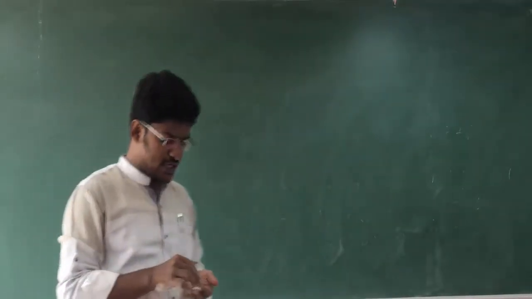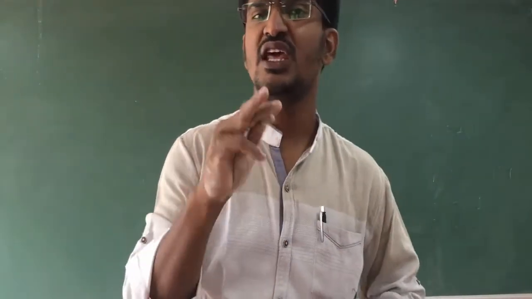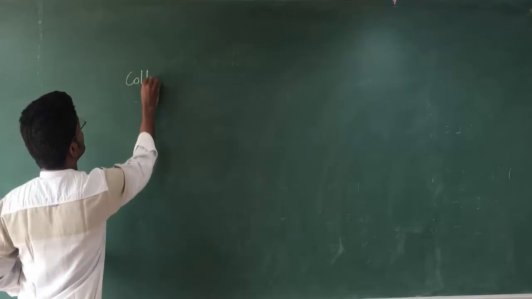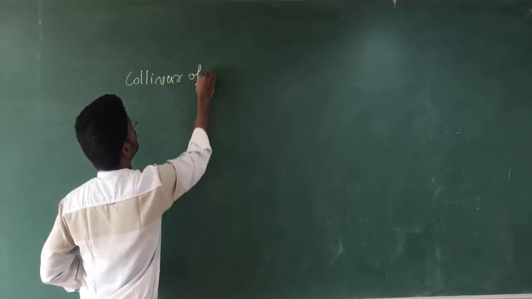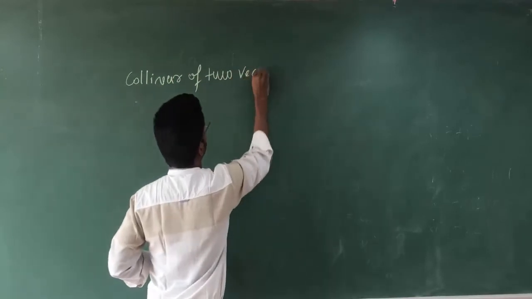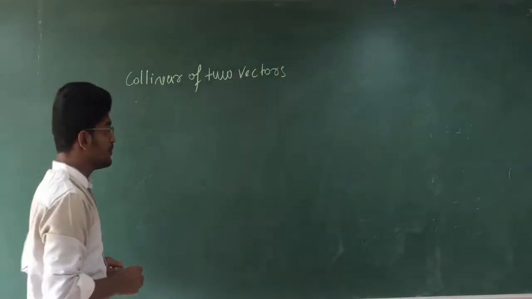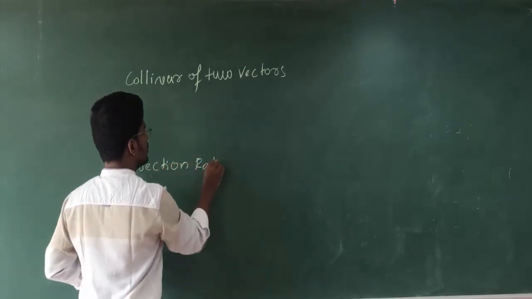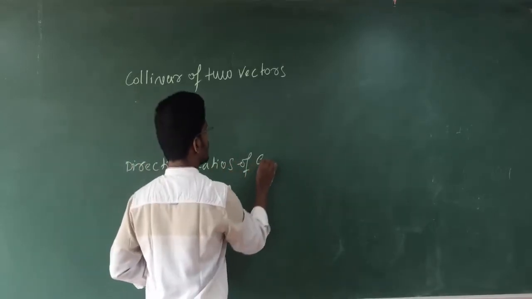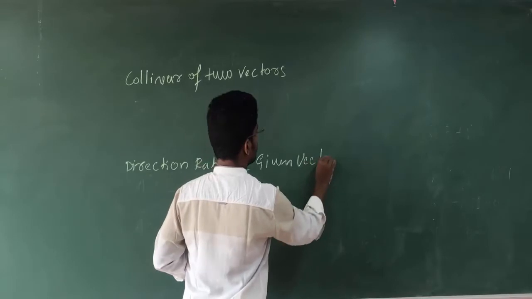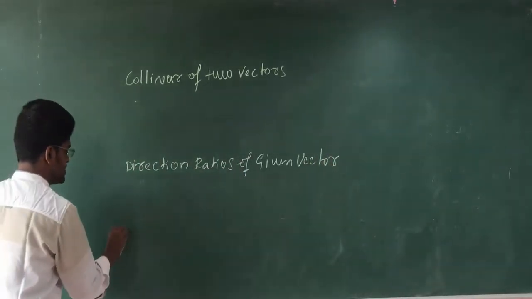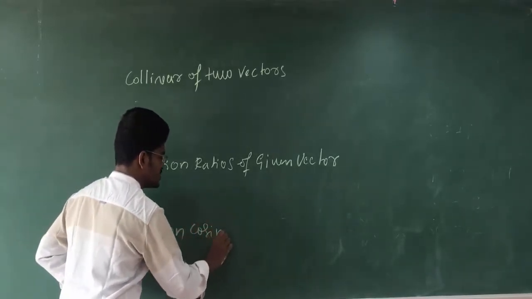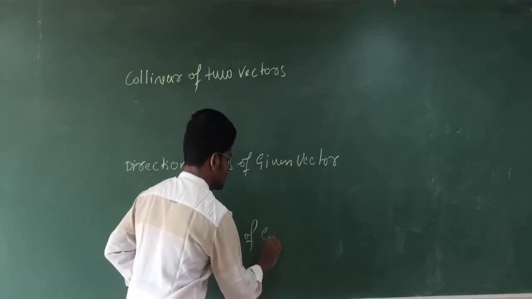Okay students. So now let us move for the next three important concepts, that is collinearity of two vectors, next, direction ratios of given vector, and direction cosines of given vector.